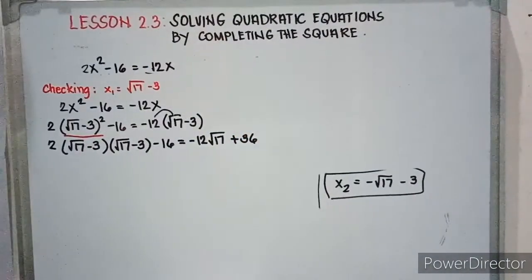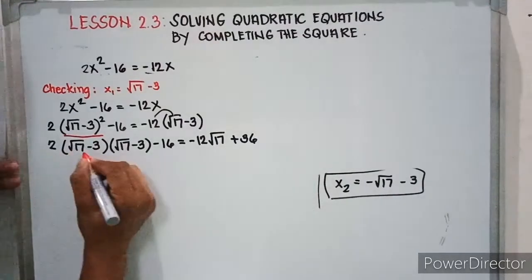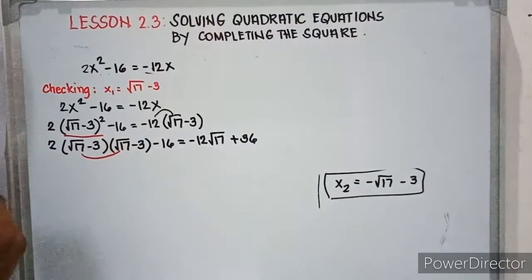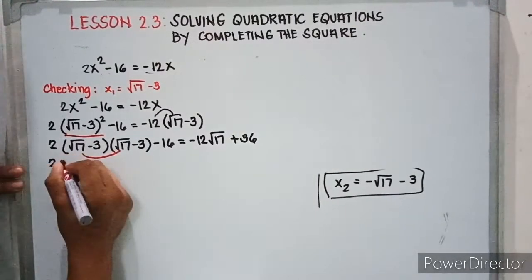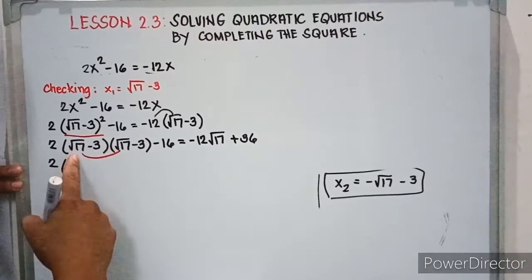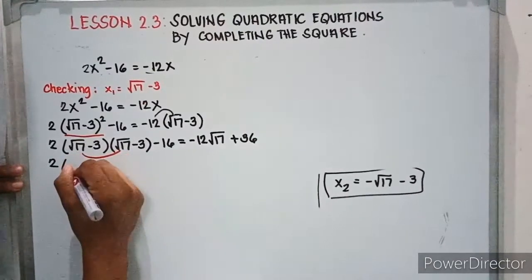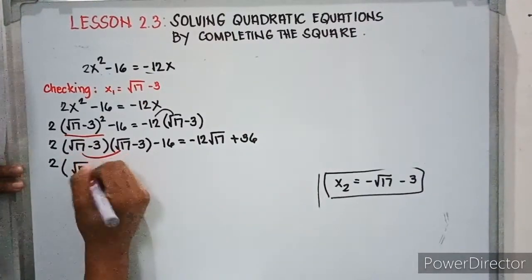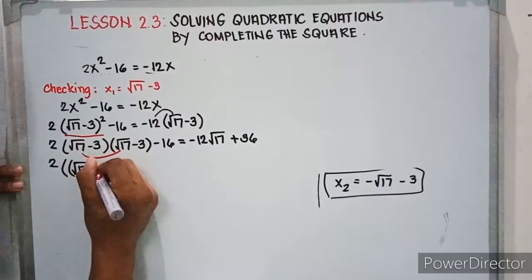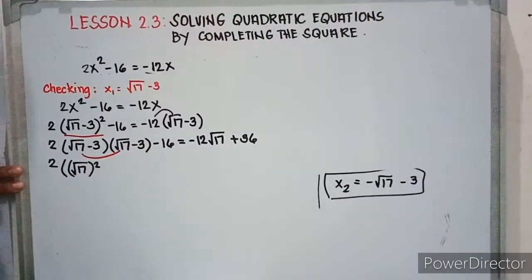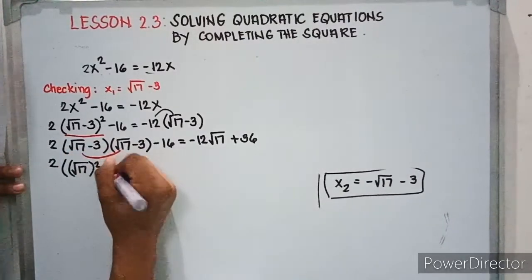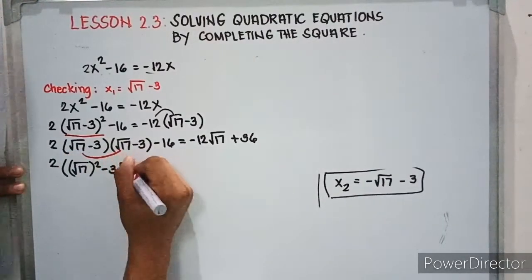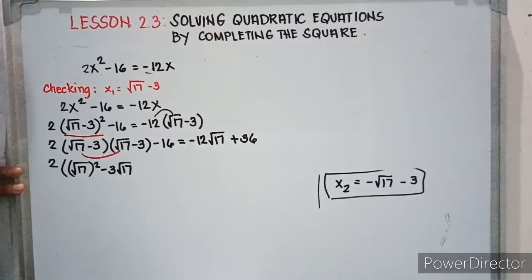Okay. Then, we are going to use FOIL method to multiply. Ito muna. So, let's copy 2. So, 2 times square root of 17 times square root of 17, that can be written as square root of 17 squared. Then, square root of 17 times negative 3, that is negative 3 square root of 17.